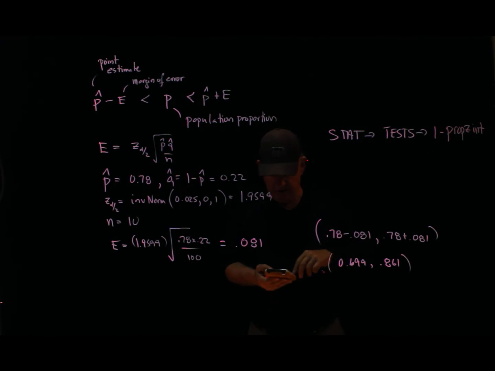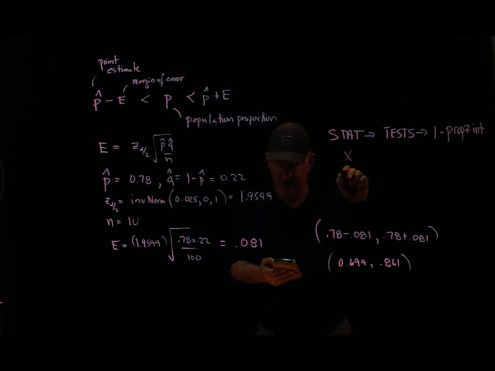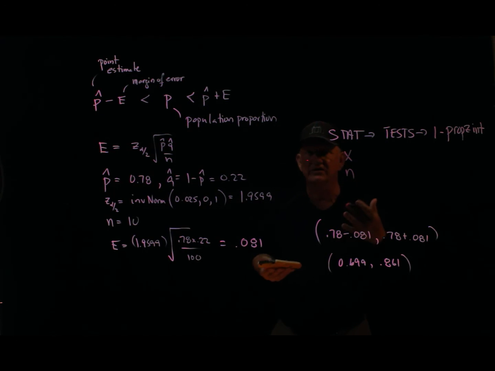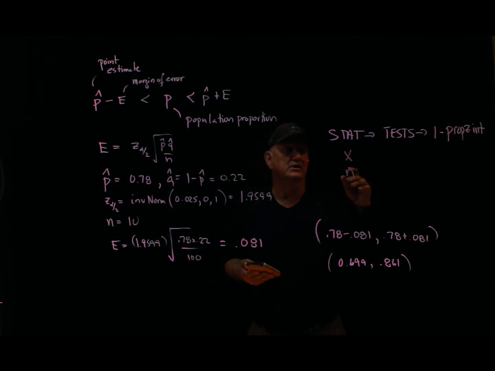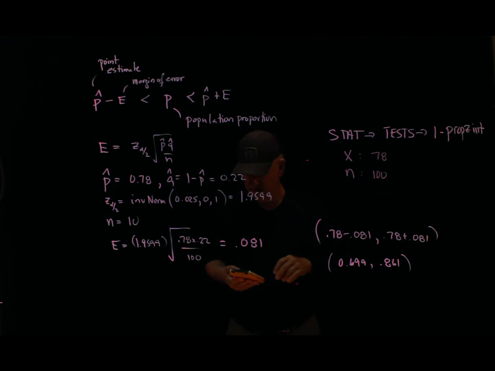When I select that, it's going to ask me a couple things. It says what's X and what's n. Well, you're not given X, you're given 78%. But you are given n, which is 100. And that means the number of successes in 100 has to be 78.